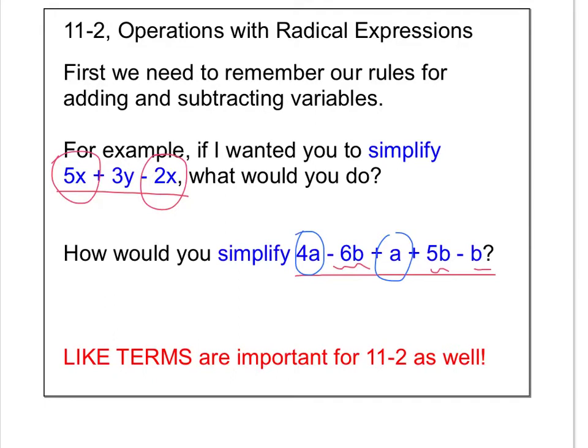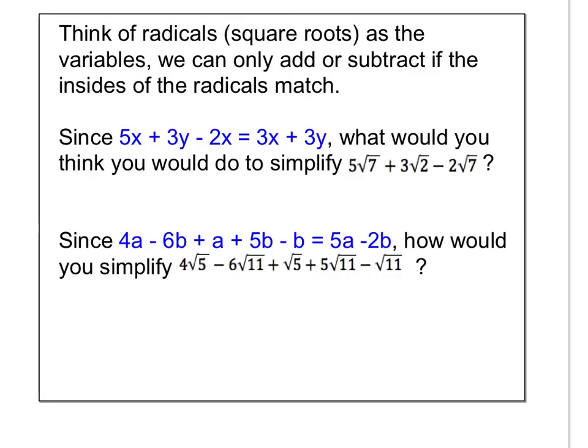So 4a and 1a is 5a. When we have negative 6b plus 5b minus b, that gives us negative 6 plus 5 minus 1. The negative 6 and negative 1 make a negative 7, plus a positive 5 is minus 2b. So again, only combining like terms.